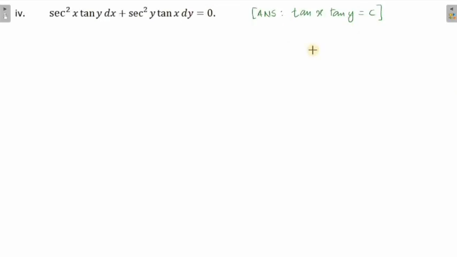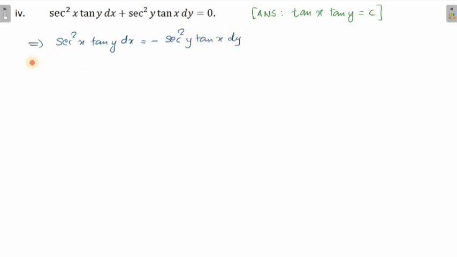Let's look at this question then. So we have again, right, so this time let's keep dx in the left hand side. So it's your choice. So we have sec square x tan y dx is minus sec square y tan x dy.